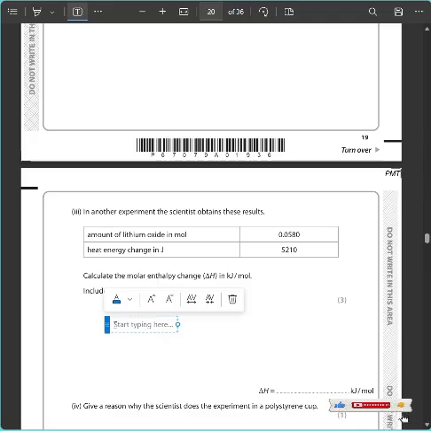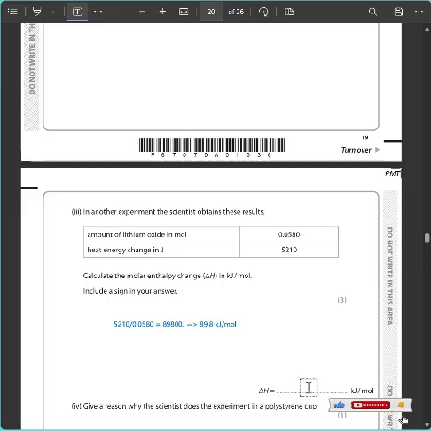Okay, for finding it, we will divide 5,210 by 0.0580, and the answer will be 89,800 joules, which is around 89.8 kilojoule per mole, and this reaction is exothermic. That's why we will put a minus sign, negative sign, before 89.8 kilojoule per mole.